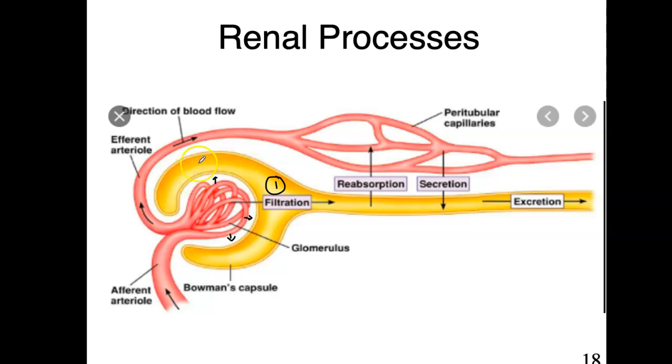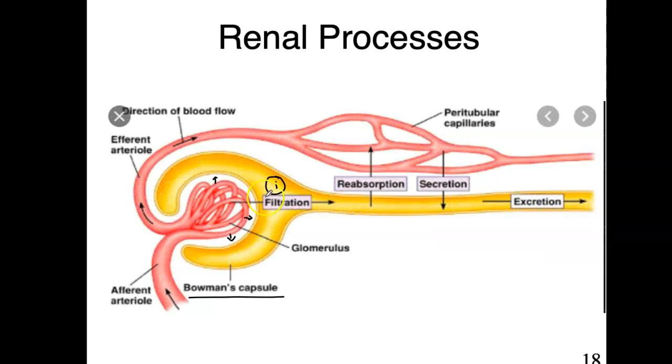And then when it exits, it gets caught in this capsule. And this capsule here is called the Bowman's capsule. So think of it as fluid out of the blood, out of the glomerulus, landing here in the capsule. And that was the process of filtration.